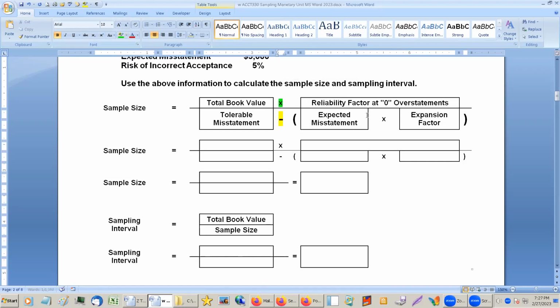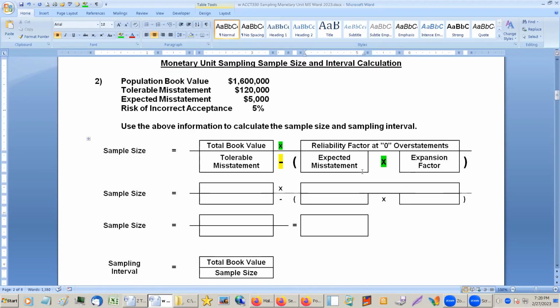Let's take the thing we have here. Okay, so the first one is the total book value. So here's the population book value. Tolerable misstatement.